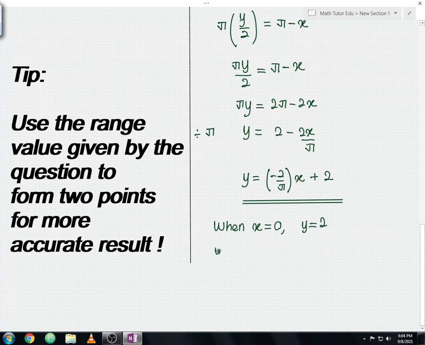So when you substitute x equals to pi, y will be equals to negative 2 over pi, and then you times with pi, and then plus 2. So from here the pi will cancel off. So negative 2 plus 2, you should get your y equals to 0.